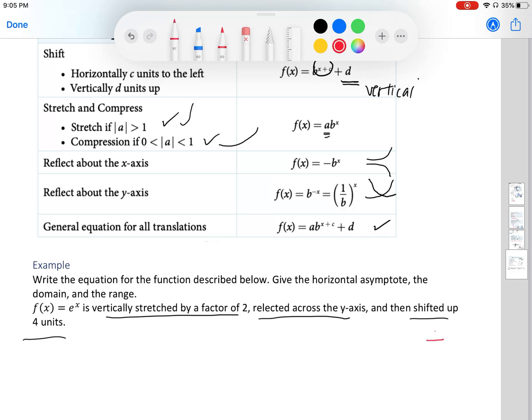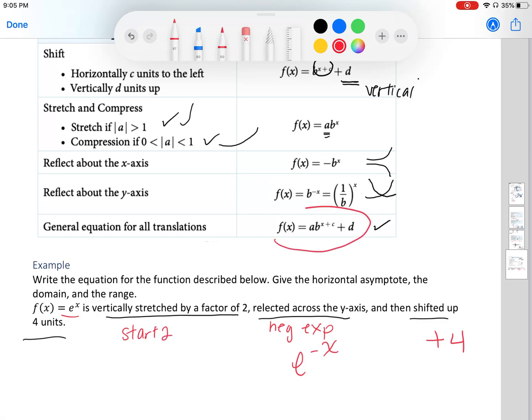I know at the end I will have a plus 4. Now reflection over the y-axis means I have a negative exponent. So I would have e to the negative x, since that is my base. Then it's vertically stretched by a factor of 2. So that means I'm going to start with the number 2.